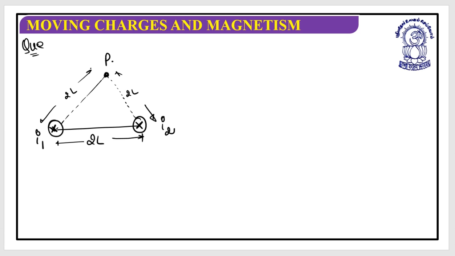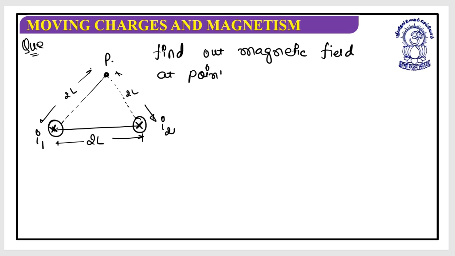I hope this is clear, that you need to find out the magnetic field at point P. Let me make it somehow simpler: if both the currents are the same, it will be easy to calculate. So now start doing it.